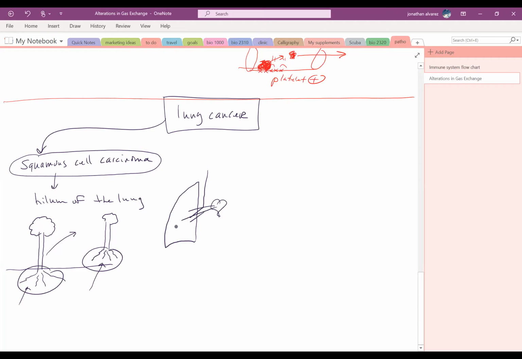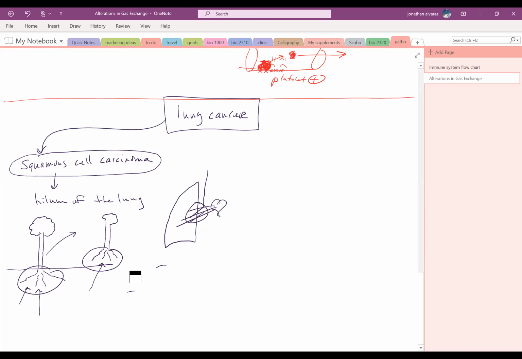And you've got lots of tubes and nerves and all sorts of wires coming in and out of the hilus of the lungs. The kidney has the same thing. As all these tubes come in and out of the kidney, that area is called the hilus. That's where it gets its name. It's kind of like a root pluck.